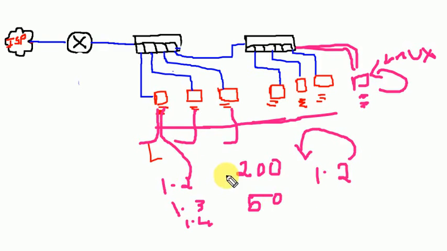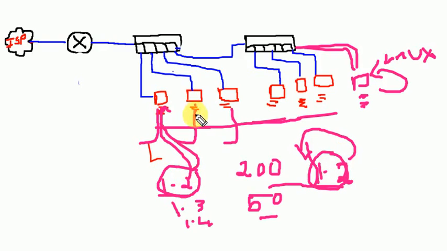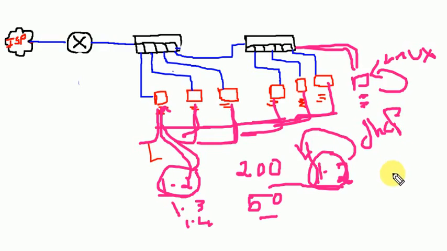You already gave 1.2 to one PC, and there is a possibility that you give 1.2 to the 50th PC too. Whenever you give 1.2 to two PCs, an IP conflict occurs between these two PCs, and it will drag the whole network into a slow condition. So to avoid this problem, DHCP is very helpful in this scenario.